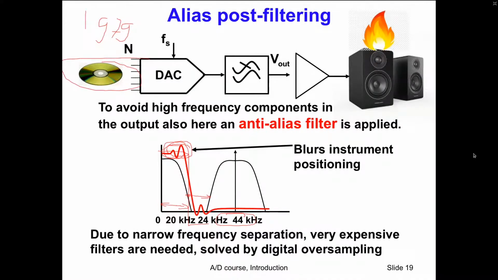Now, the problem in audio is that if the energy from your sampling process enters your tweeters, you get a tremendous fire, and then the tweeters are blown, and probably also your amplifier. So later on, this point was solved by digital oversampling, but it was a major conceptual miss in the very first CD players.